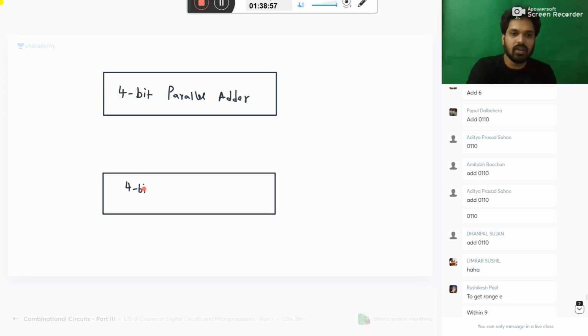Another 4-bit parallel adder. Please understand, I can explain directly from this figure also, but it will not give you the real feel of how you are going to design. Okay. A3. We should have the design. How to design, we should know.